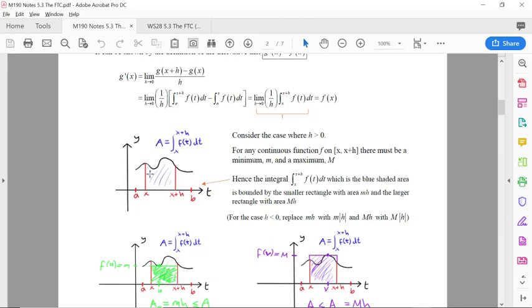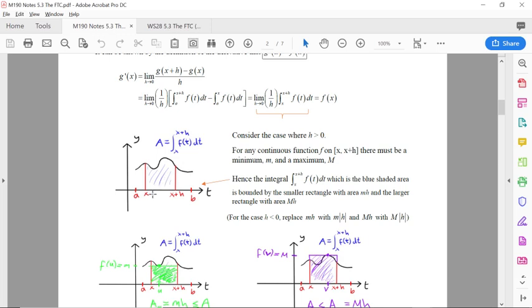Notice that what the integral represents, just the integral part from x to x plus h, is this shaded area right here. And that shaded area has bounds. It can be bounded below by a rectangle that is an underestimate of this area, and bounded above by a rectangle that is an upper bound to this area.